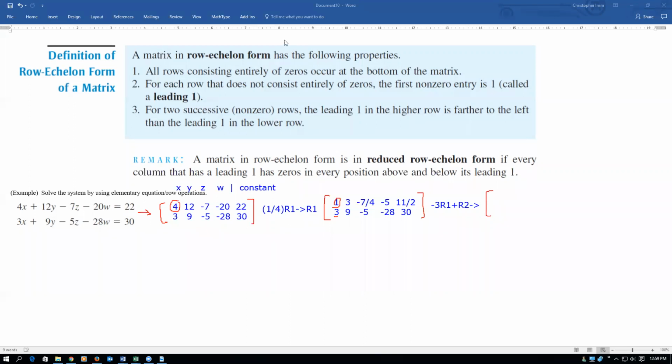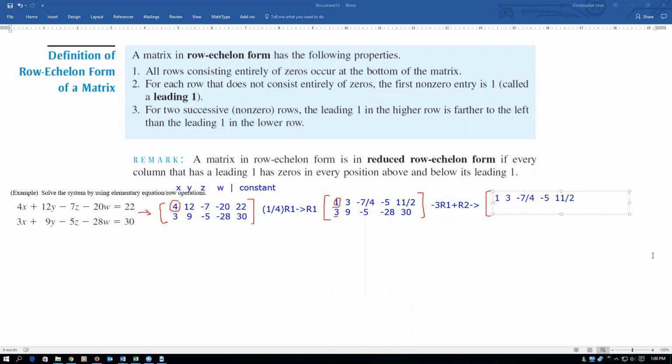The first row will be exactly how we have it here. So I'll still have 1, 3, -7/4, -5, 11/2. Now, I want to multiply the first row by -3 and add it to the second row.